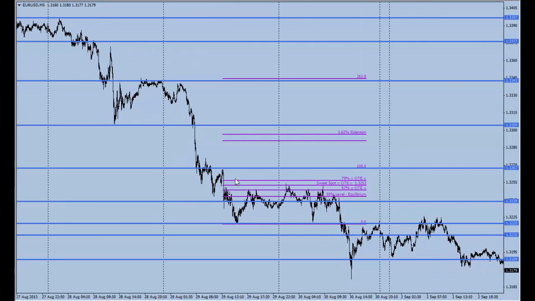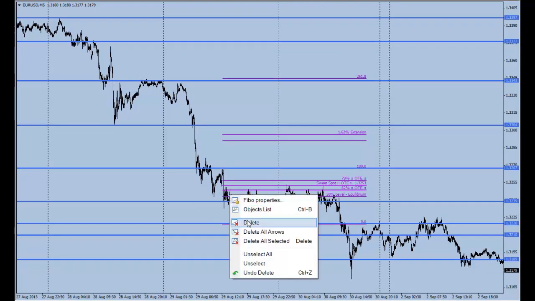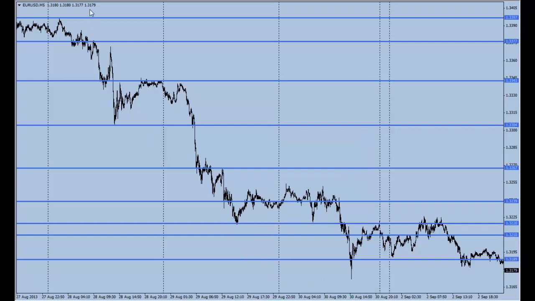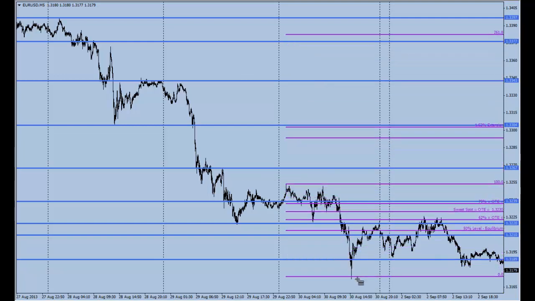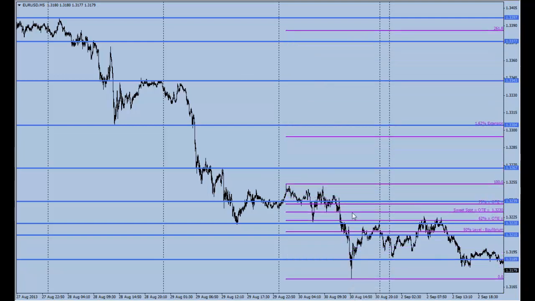We have the high here in Asia, previous day's high and low. Price comes down, rallies up into the 62% retracement level here, and it's confirmed by this same 132.20 level, which is a nice level. It's a 132.20 institutional level.